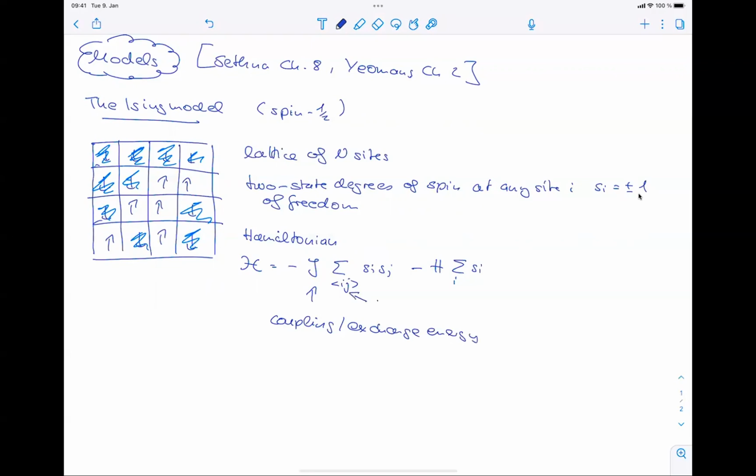And this is the sum over nearest neighbors. And this is the external field. And this is a drawing for a 2D Ising model, a square lattice Ising model.